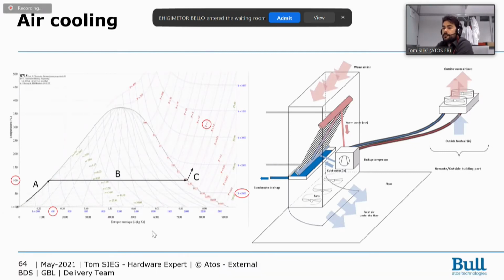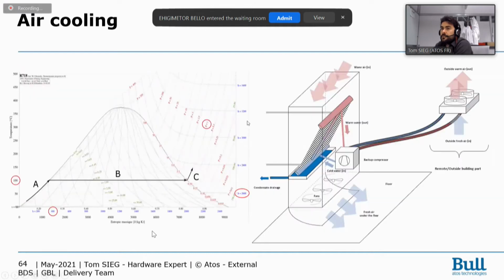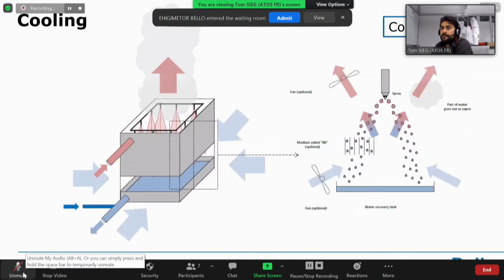The air-cooled parts. We will now concentrate on all the air cooling aspects, including the air cooling coefficient, etc. Do you have any questions on the water-cooled parts?